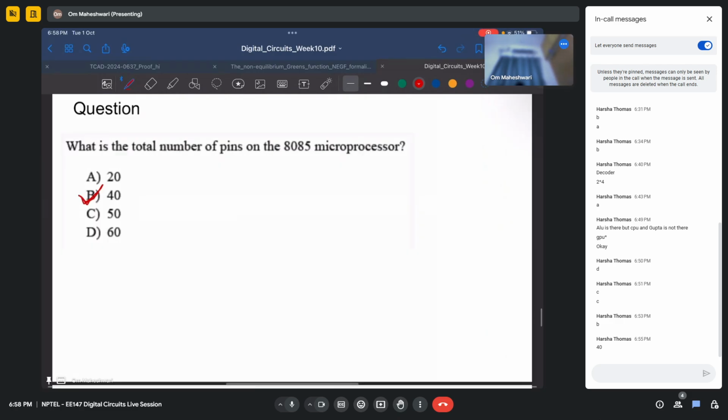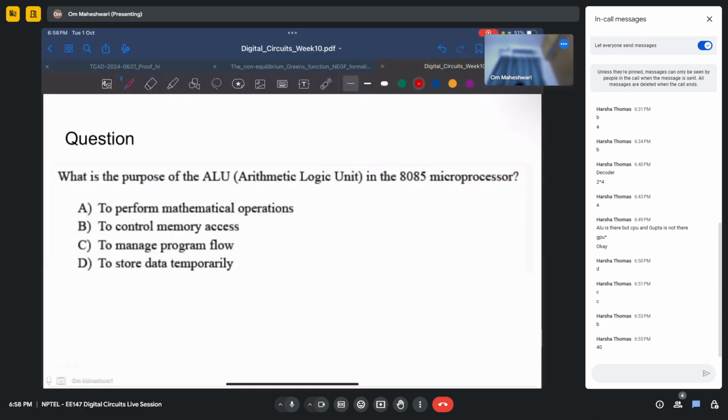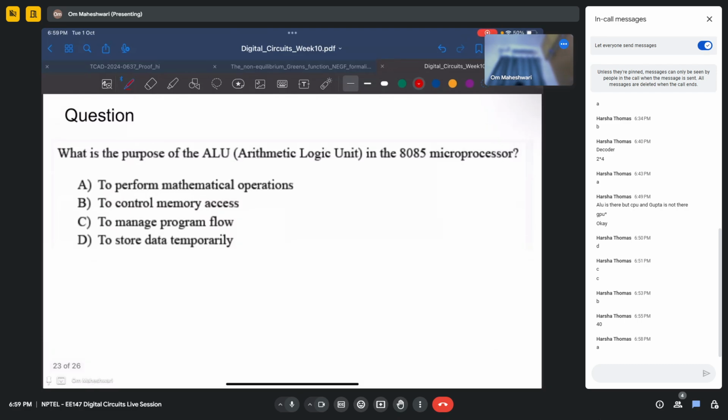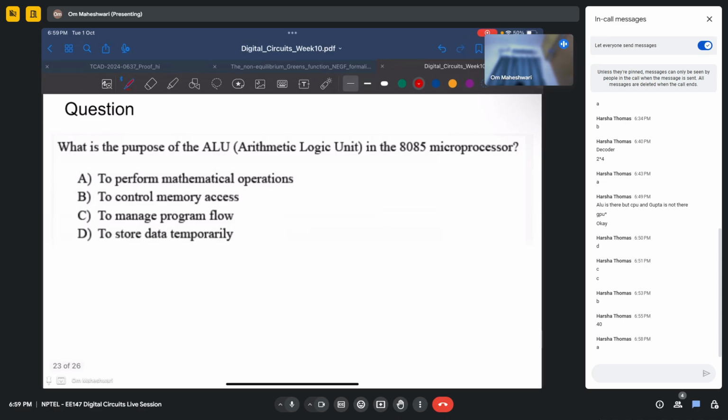Okay, so next question. What is the purpose of ALU in 8085 microprocessor? So it is to perform mathematical operations.